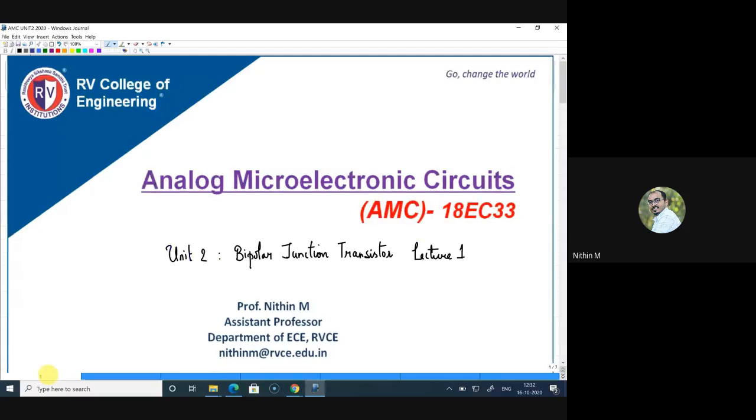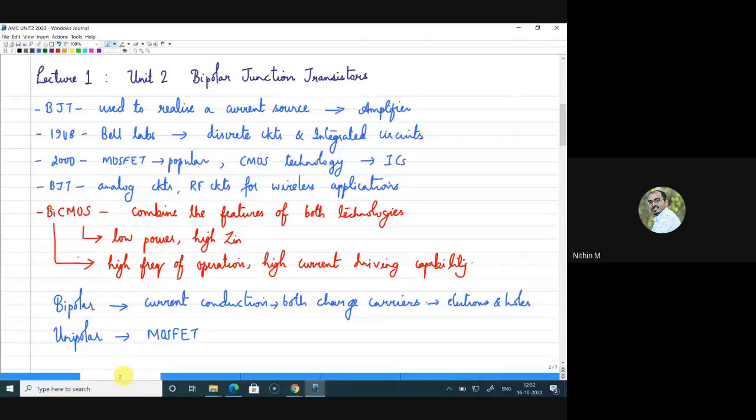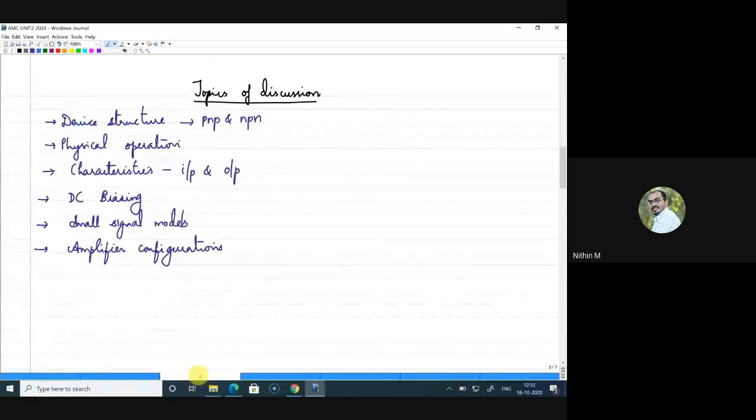started the bipolar junction transistor, where we looked at history and understood how the BJT revolutionized the semiconductor industry. We mentioned one difference between MOSFET and BJT: one is identified as a unipolar device and the other as a bipolar device, because the current conduction is due to both the charge carriers.